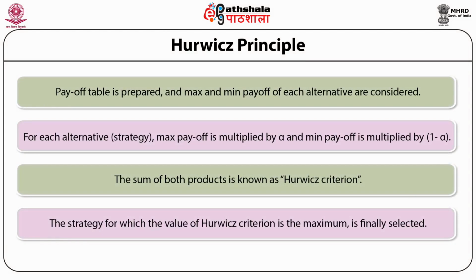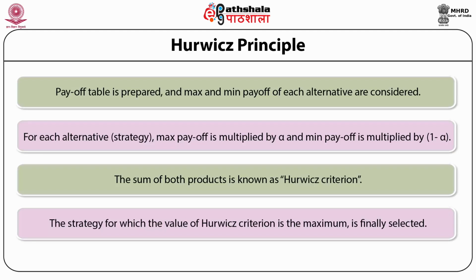The next principle which I am going to discuss is the Hurwicz principle. Dear students, as I have already explained, the Hurwicz principle assumes that a decision maker's view may fall somewhere between two extreme situations, extreme pessimism and extreme optimism.